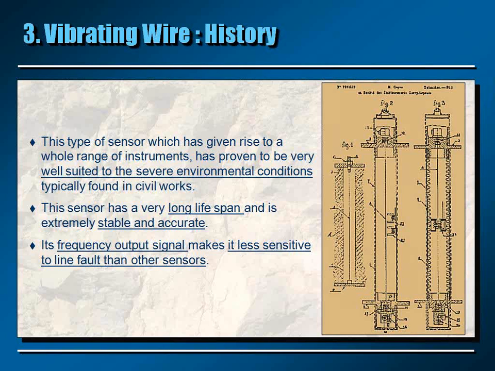And more specifically, an interesting feature of this technology is that it can give stable and accurate results over a very long lifespan, a long time. And actually, many of the first sensors that were installed in the 30s in France are still working properly.